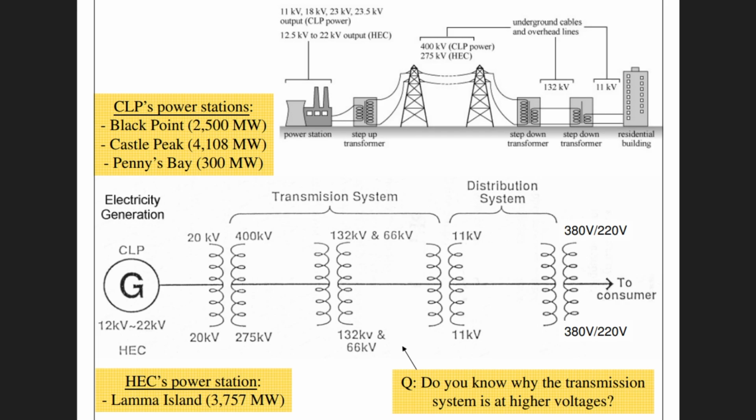We can save most of our current to the destination. That's why we step it up. But high voltage can cause electrical sparks easily, and it can be very dangerous. So that's why we have to step it down once again in our homes.